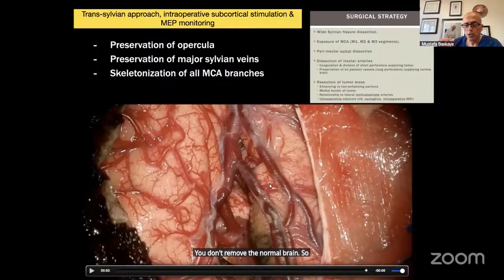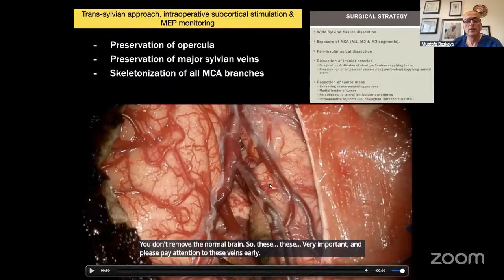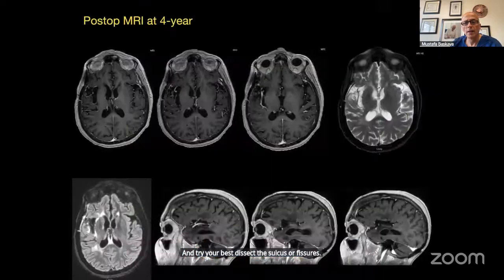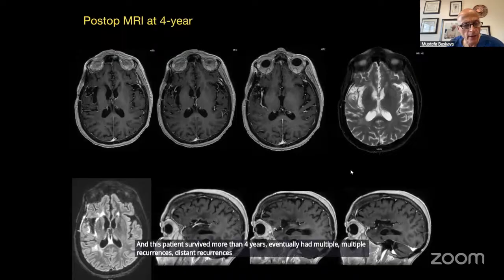So this is very important, and please pay attention to these veins early and try your best to dissect the sulcus or fissures. And this patient survived more than 4 years, eventually had multiple recurrences, distant recurrences, and died at around 5 years.